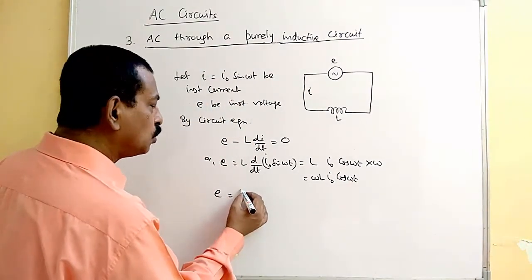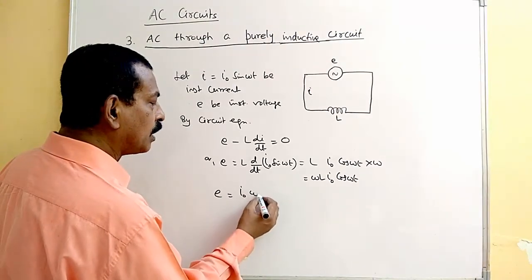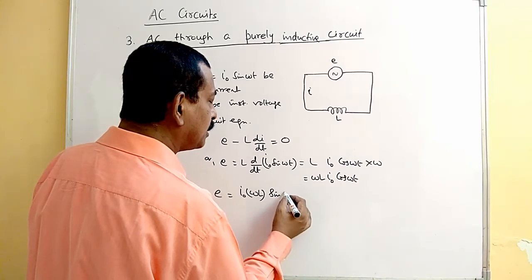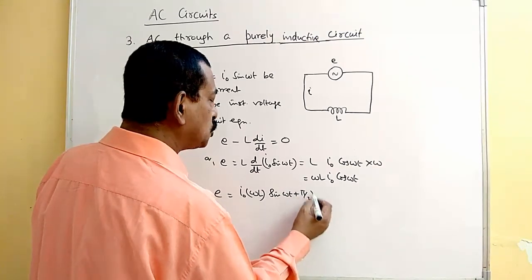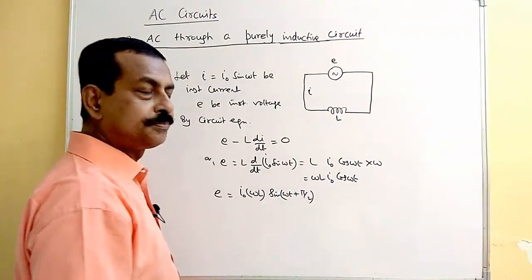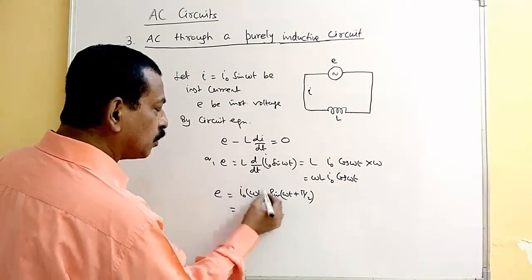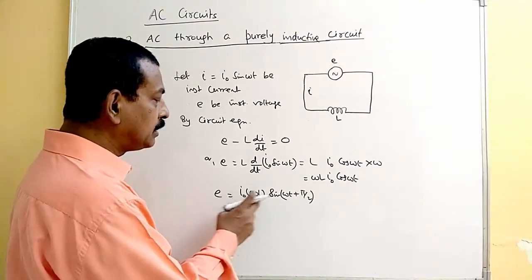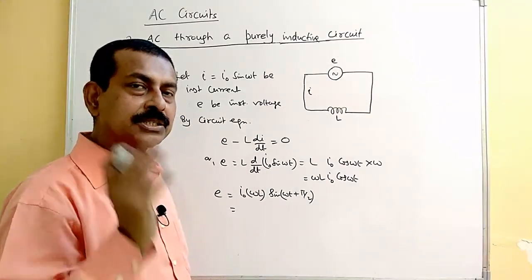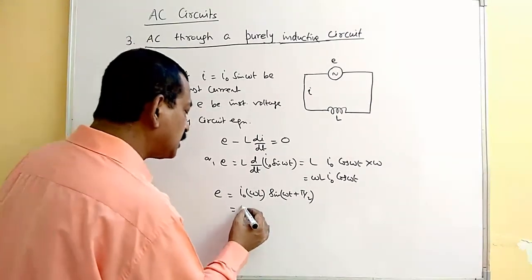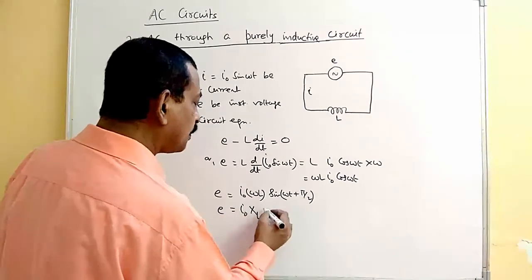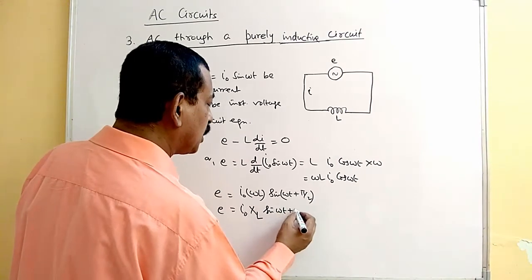So E is equal to I naught omega L, and cos omega t we can write as sine omega t plus pi by 2, because sine 90 plus theta is cos theta. Again, this term omega L, this is the current, this is the voltage. Obviously, it must be coming in place of dimensionally resistance term there. So this is written as XL sine omega t plus pi by 2.